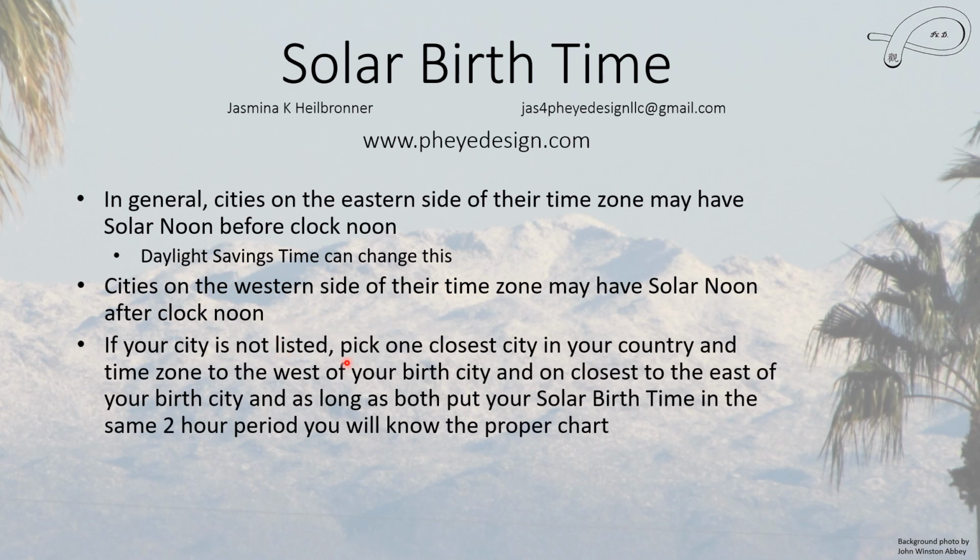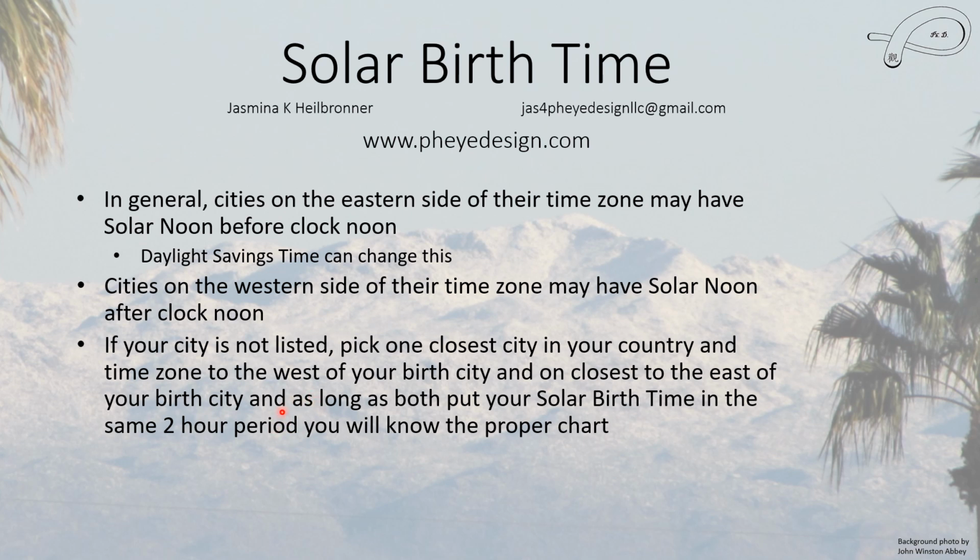Now, if your city is not listed, the way you want to interpolate is first pick one city, the closest city you can find in your country and in your time zone that is to the west of your birth city, and another one to the east of your birth city.